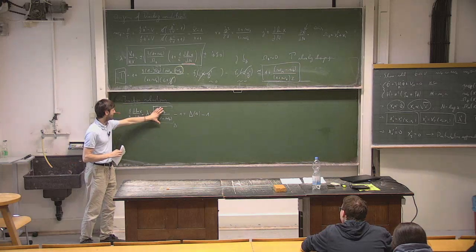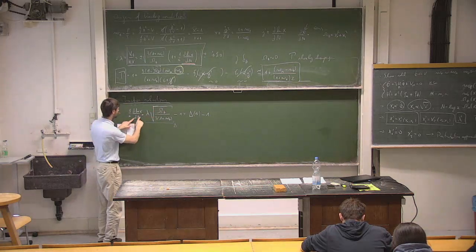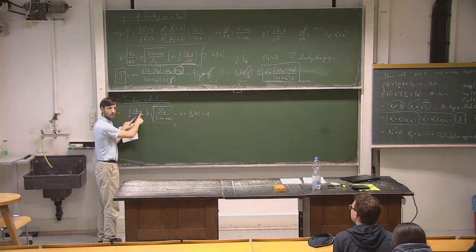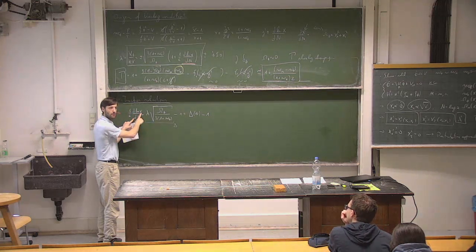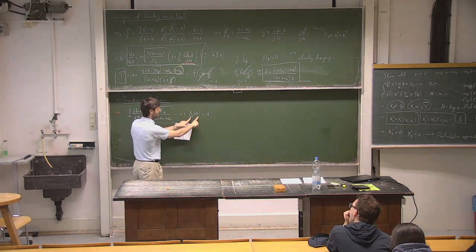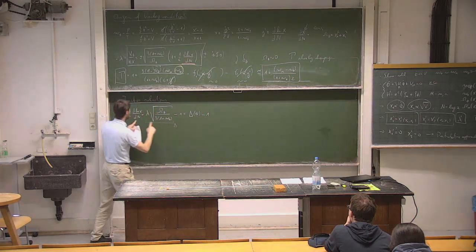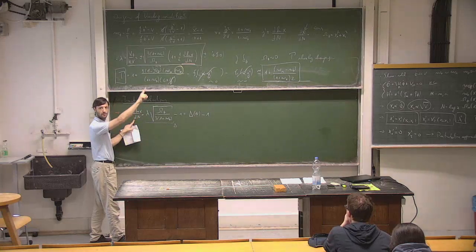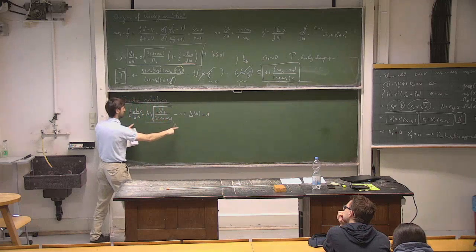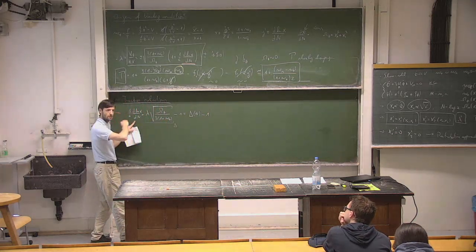But it's the term that tells you if x is growing or decreasing. That's the importance of that. Okay? You see that if delta is larger than 1, then x is increasing. If delta is equal to 1, then this is 0, x is constant.